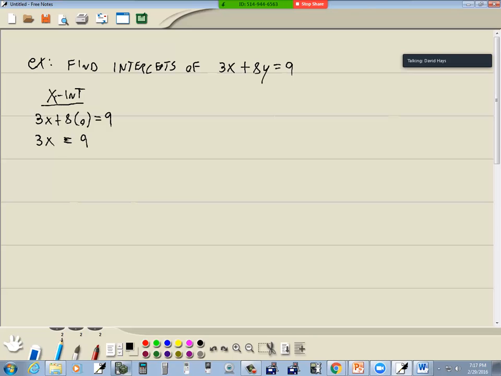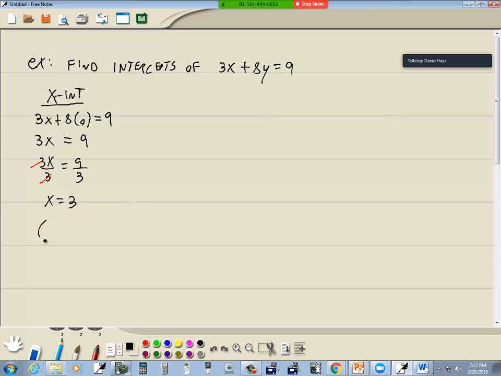And this is just a linear equation. Get rid of parentheses, get rid of fractions, get everything with x on one side, numbers on the other side. Divide both sides by a number in front of your x. So we'll divide both sides by 3. Now when we do that, those 3's cancel. And we got x is equal to 3.